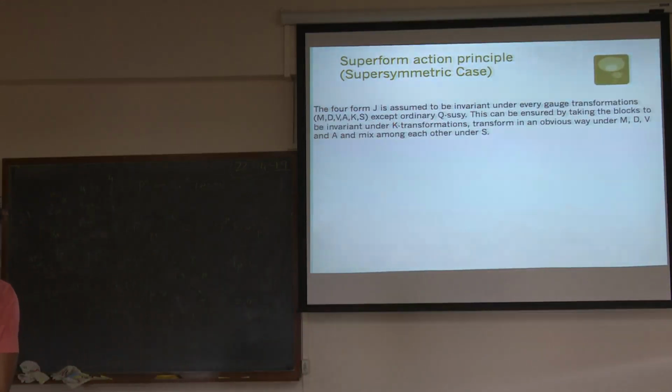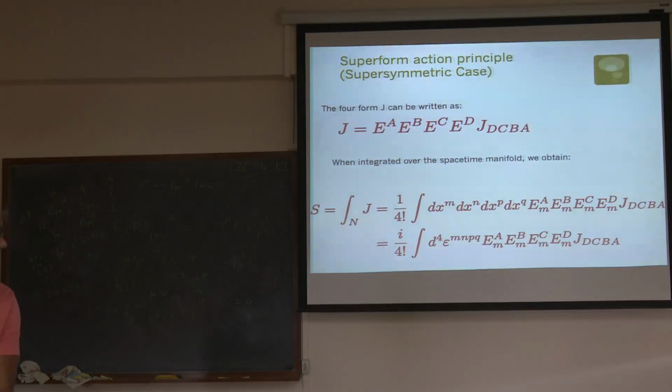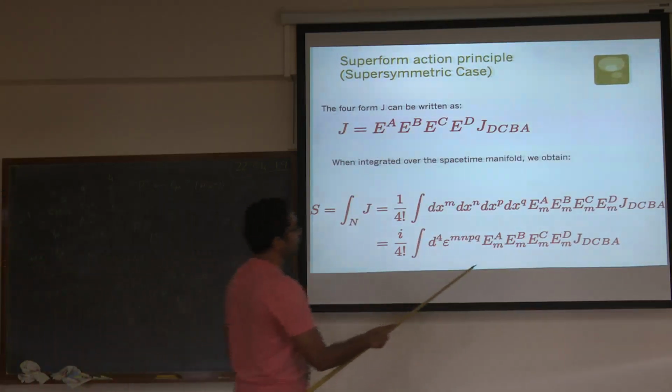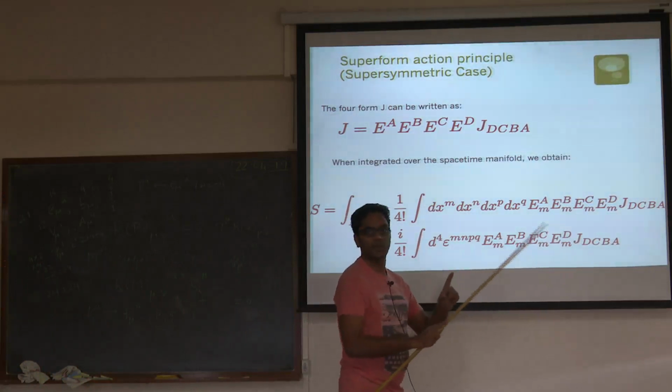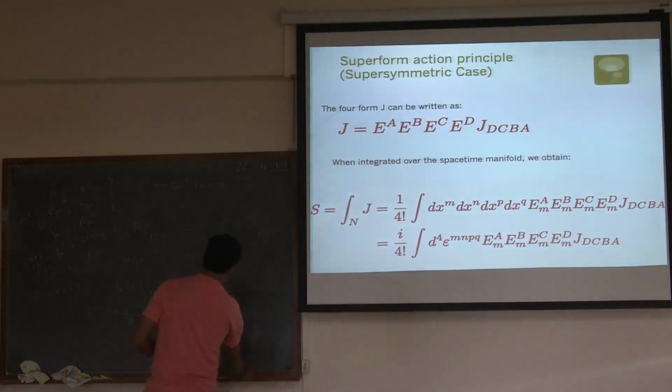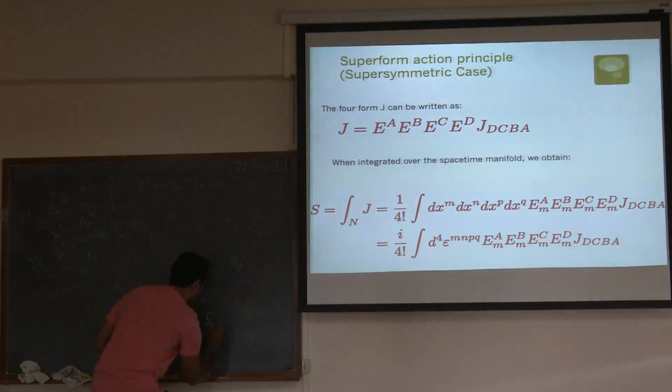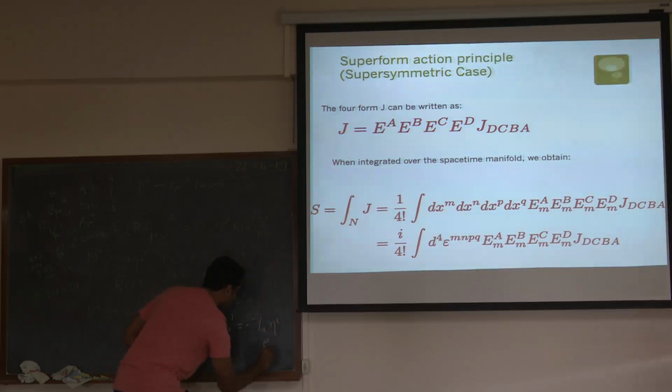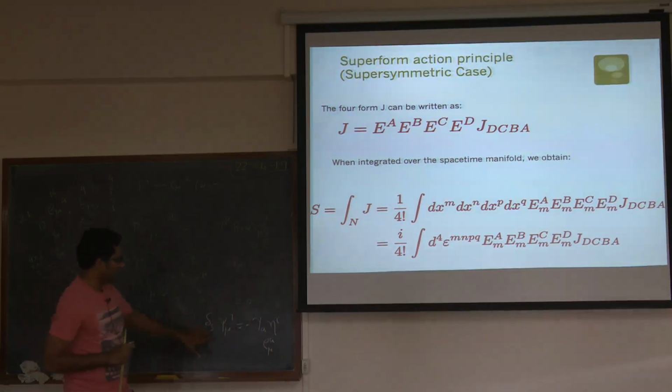Under S transformation, these blocks will need to transform into each other, because under S transformation, your gravitino goes to a Vierbein. The gravitino transforms to a Vierbein under S transformation.